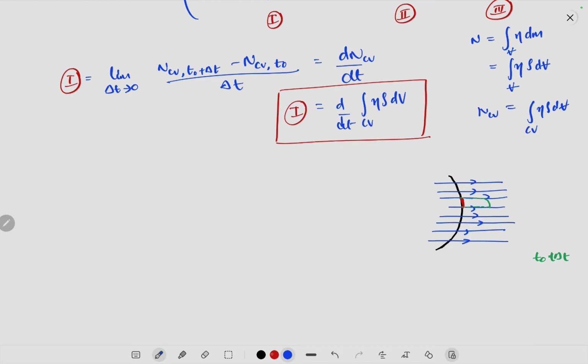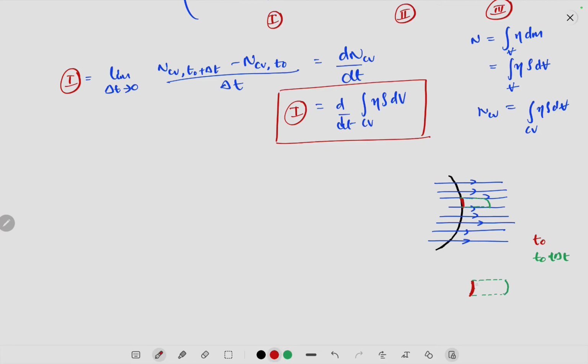This was my elemental surface area at time t naught, and this is how the particles must have moved in time delta t.